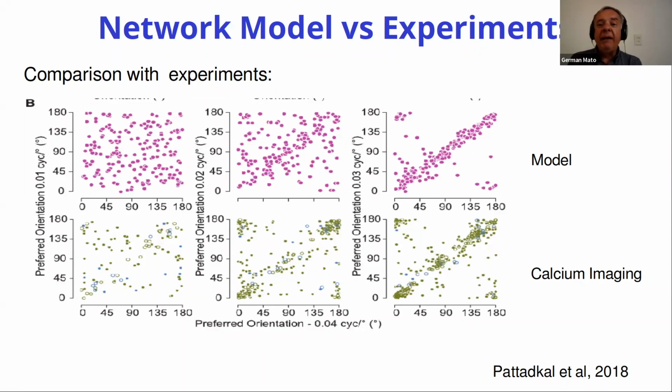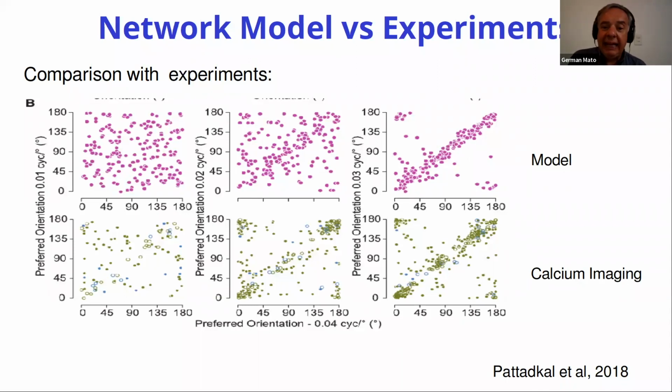The upper panels are results of the model, and the lower panels are results of the calcium imaging experiments. And we see that it's compatible, right? As we take more different spatial frequencies, we lose correlation.